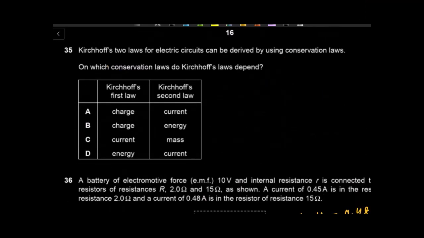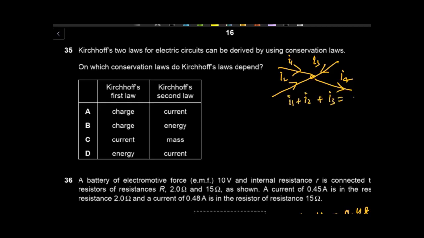Kirchhoff's two laws for electrical circuits can be derived by using a conservation law. On which conservation law do Kirchhoff's laws depend? From Kirchhoff's first law, we know that the sum of current entering any junction in the circuit must be equal to the sum of current leaving the junction. So here I1 plus I2 plus I3 is equal to I4.